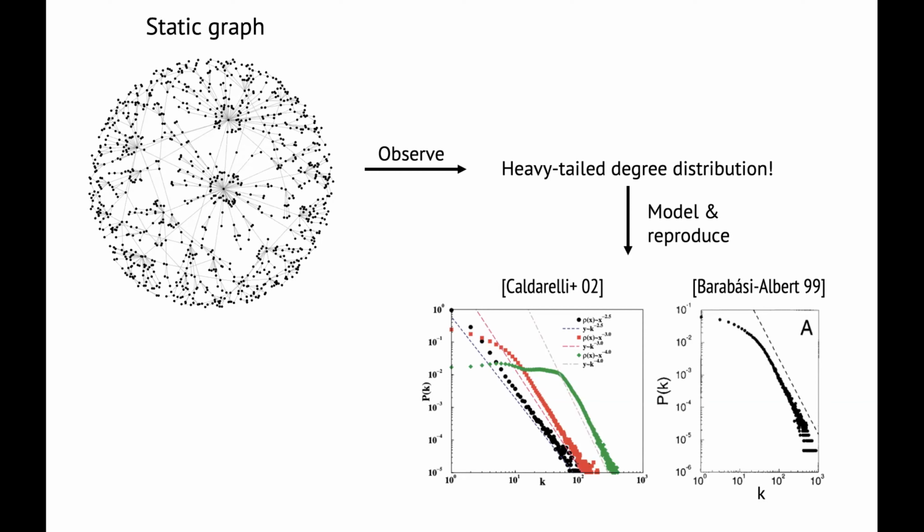So for example, in preferential attachment, we also see a heavy-tailed degree distribution, and then we can hypothesize that maybe the graph was formed because of this process. Now, a big problem with this approach is that multiple formation processes can lead to similar looking graphs. So it's hard to fit models and choose between different potential processes.